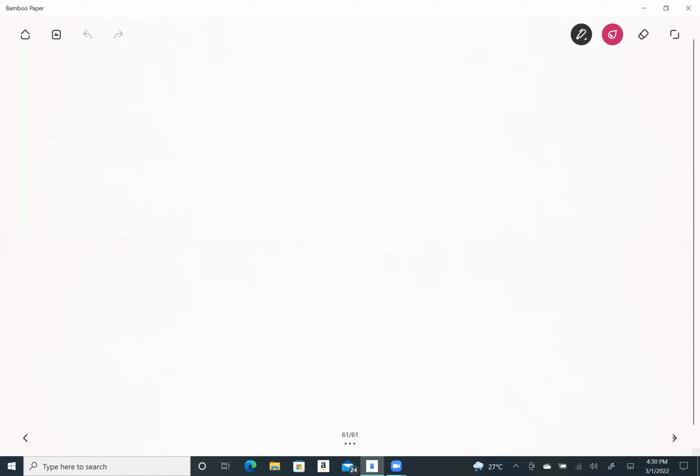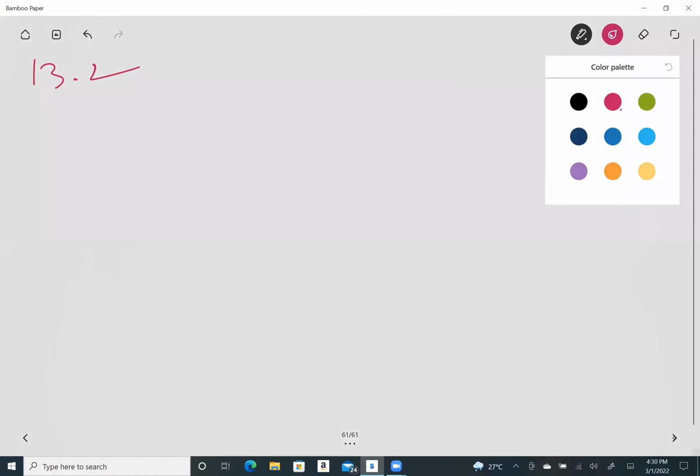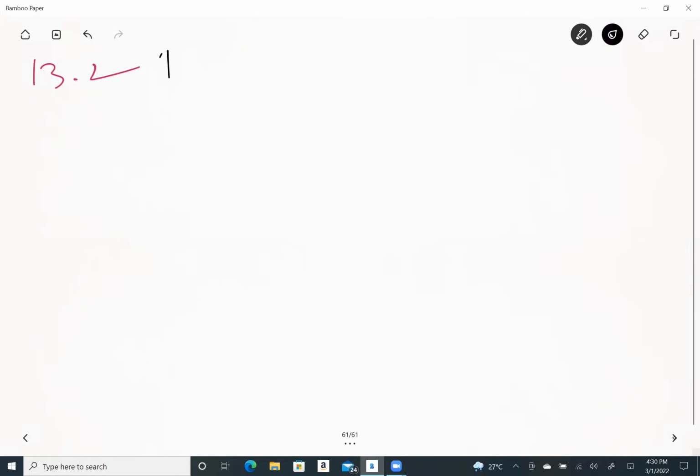What is it? So this is the definite integral. Now, chapter number 12, I just say integral.